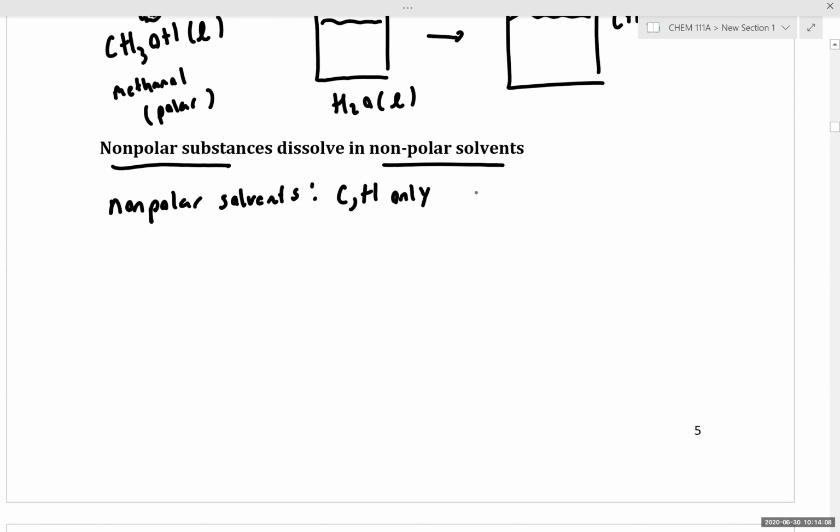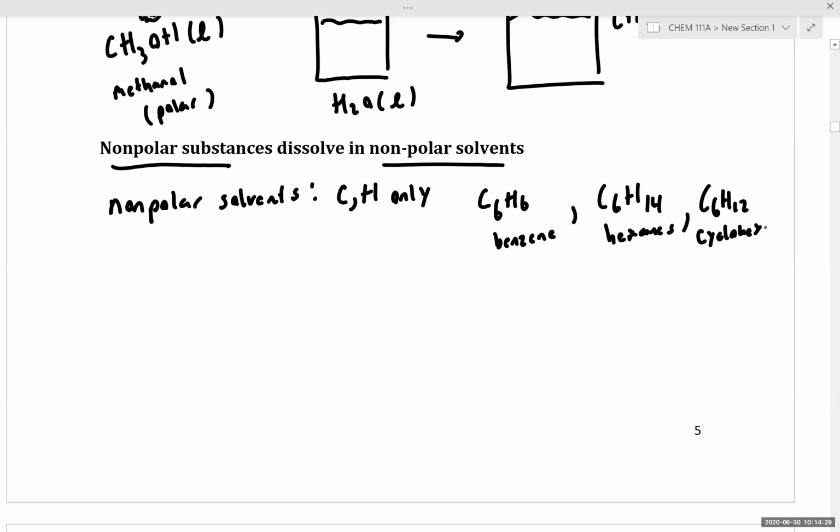These nonpolar solvents include C6H6, which is known as benzene, C6H14, which is known as hexanes, and C6H12, which is cyclohexane. Essentially, if it has only carbon and hydrogen, then you can consider it a nonpolar solvent.